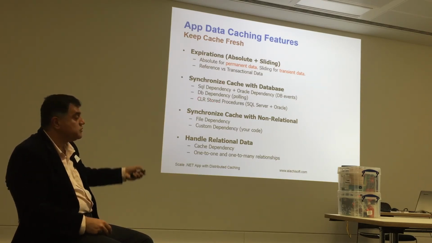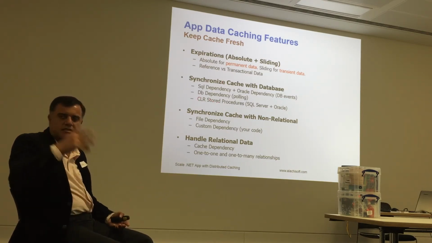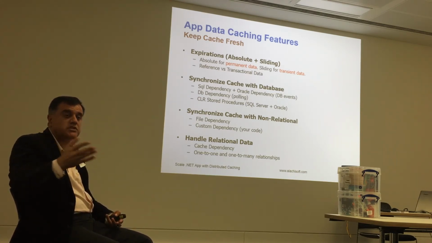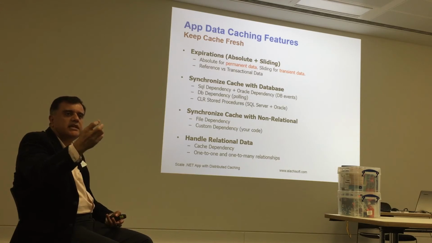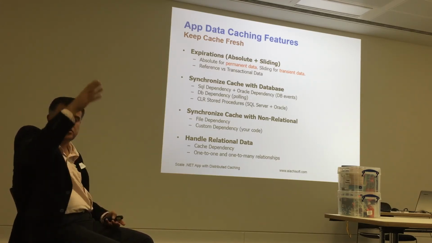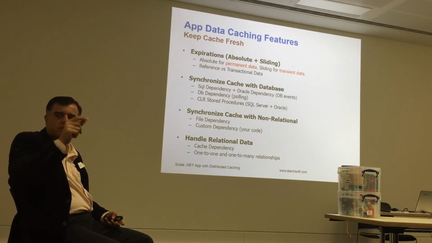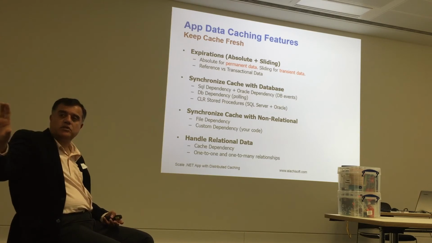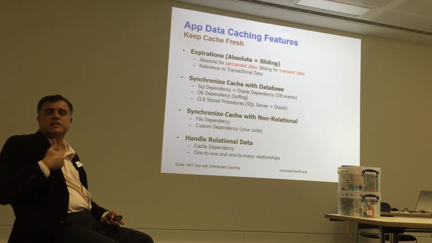Then a DB dependency, which is after 15 seconds, let's say, it's going to go and issue a SQL statement. It could be even a stored procedure, which will say, okay, let's check which of these, because there's a special table that gets created, which is a sync table, which has a flag concept. It says, give me all the rows where this flag is true, or something. I think it's either a flag or a number. And then you'll get back only those 10,000 in one fetch.